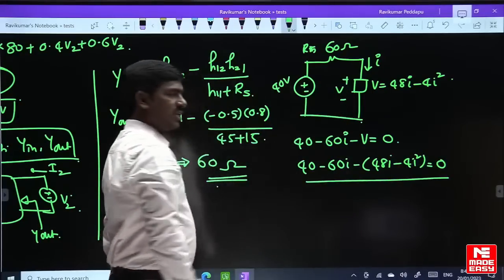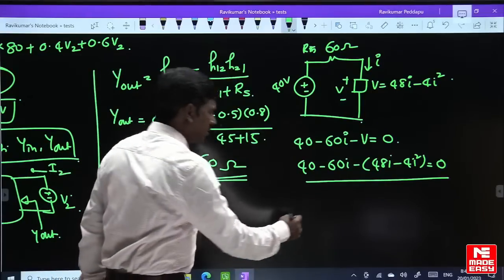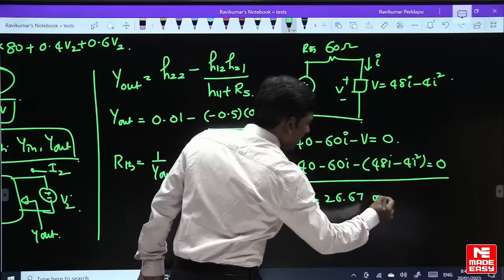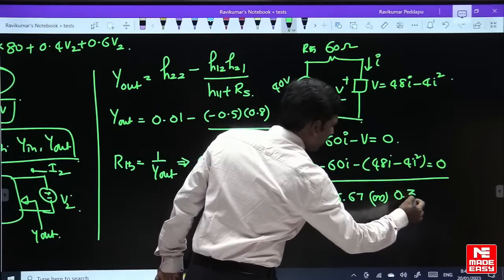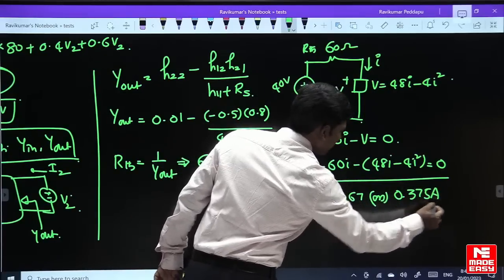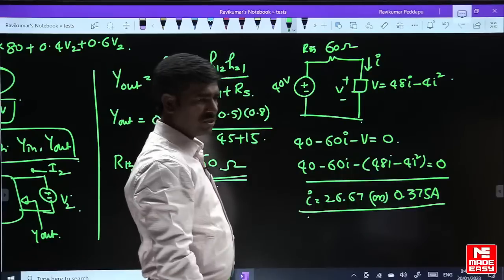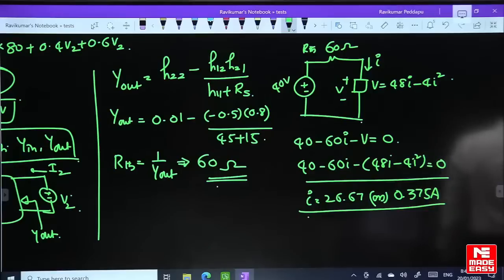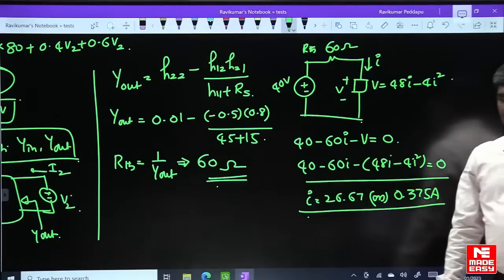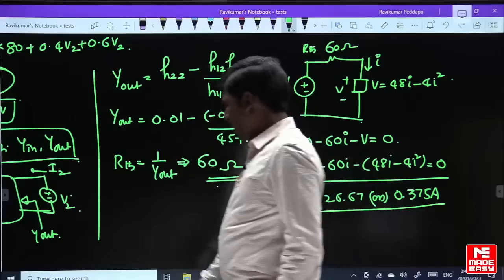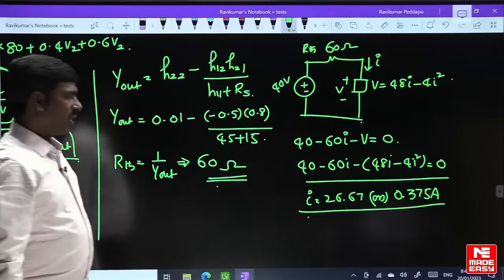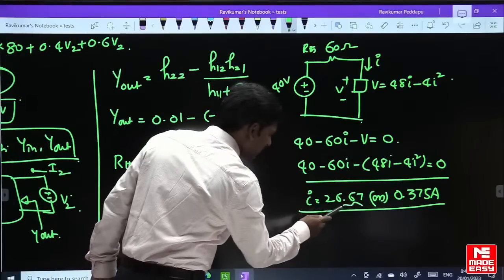This is a quadratic equation. Solve it and get I equal to 26.67 or 0.375. Please check it. So which one is correct? 26.67 is not correct.